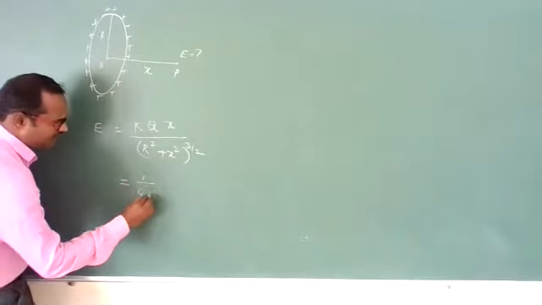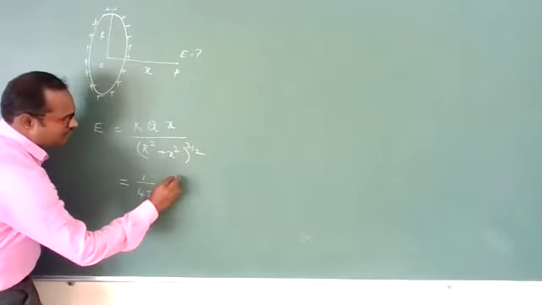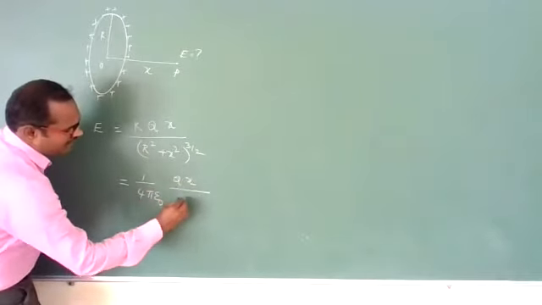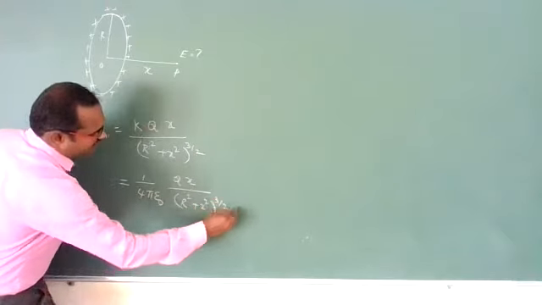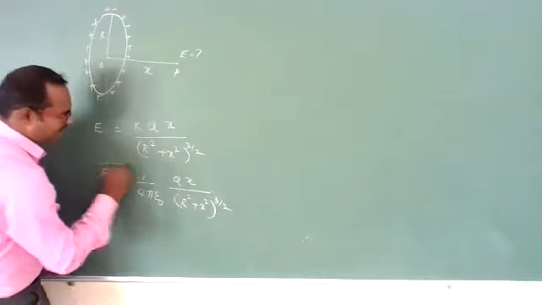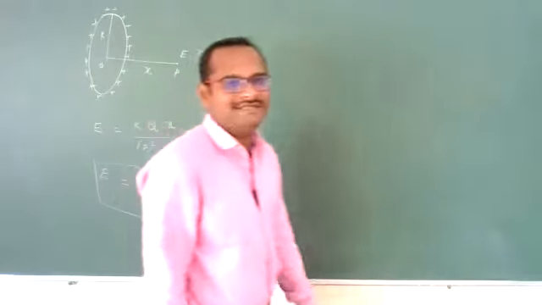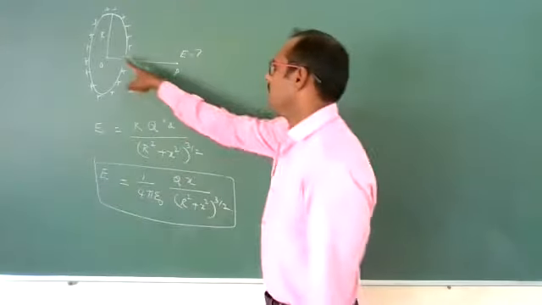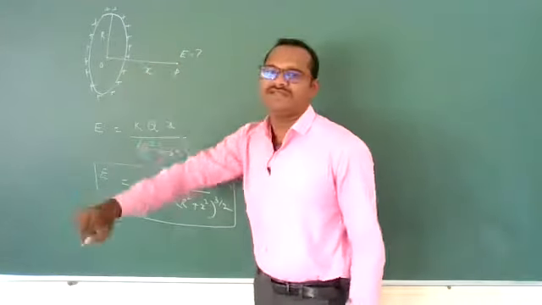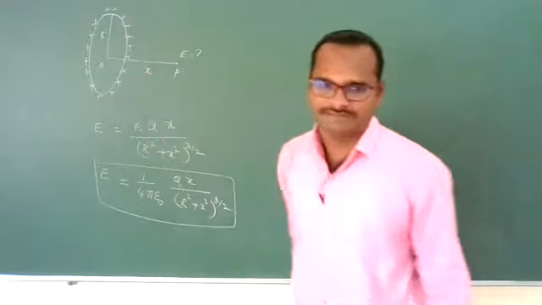So you can write 1 by 4 pi epsilon naught, Q into x divided by (R square plus x square) whole power 3 by 2. So this is the electric field at any point on its axial line, at a particular distance x, due to a circular charged ring.